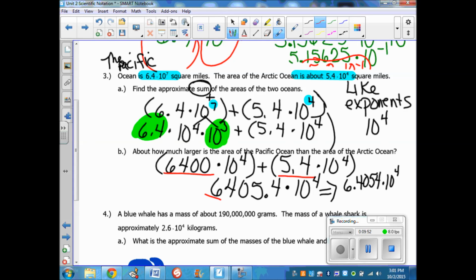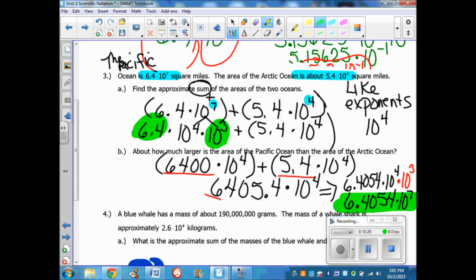So what was this place value? The ones, tens, hundreds, thousands. Okay, thousands place. So that's times 10 to the third. Now finish it up. Add those exponents. 6.4054 times 10 to the 7th power. It's going to be my final answer.